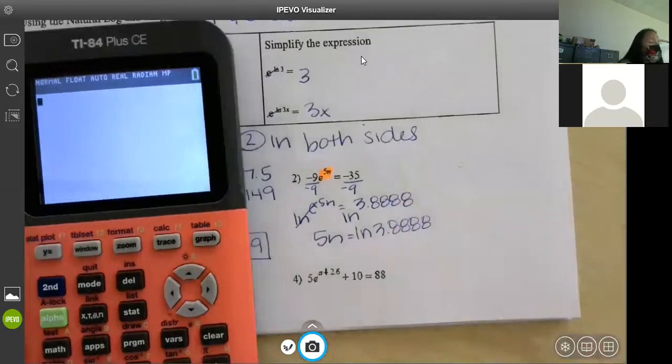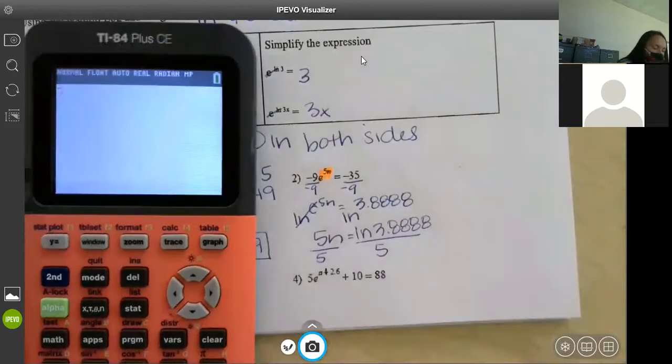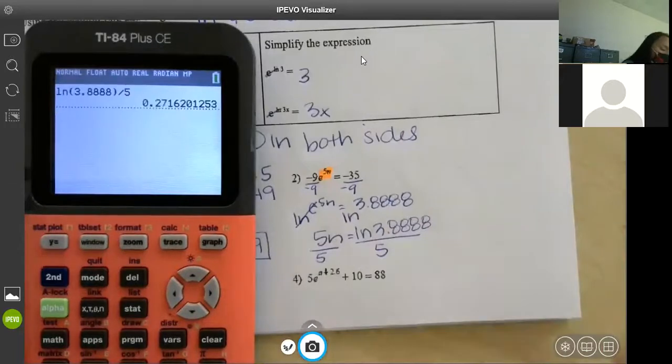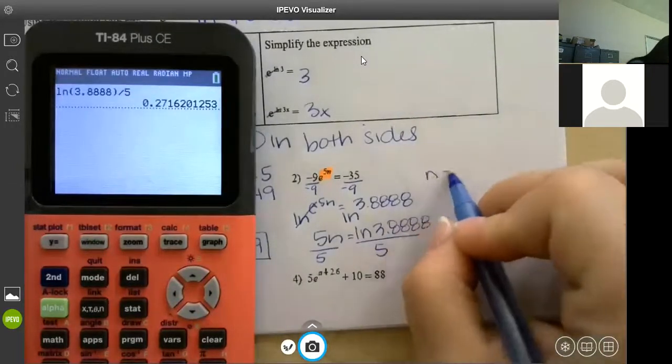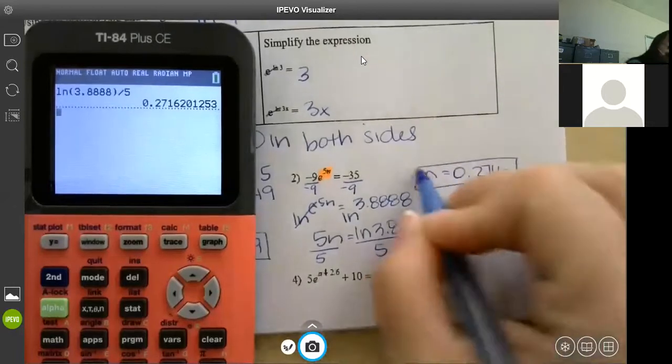If you want to do all of this at the same time, how do I get n by itself? Divide by 5, and I can just throw all that in my calculator at one time. So ln 3.8888, close that parenthesis, divide by 5, gives me that n equals 0.2716. And that's it.